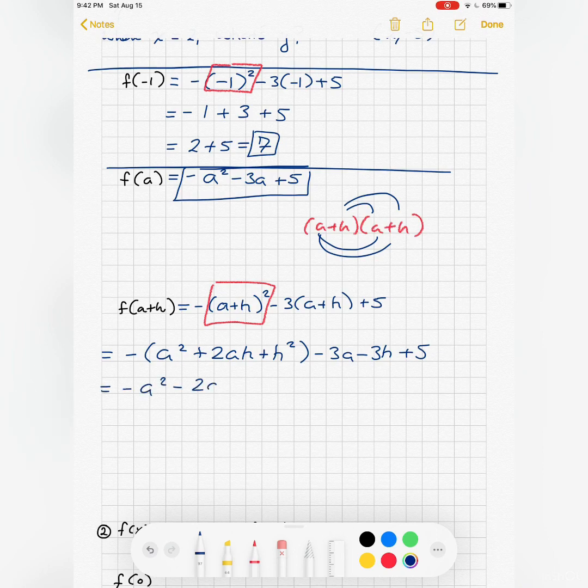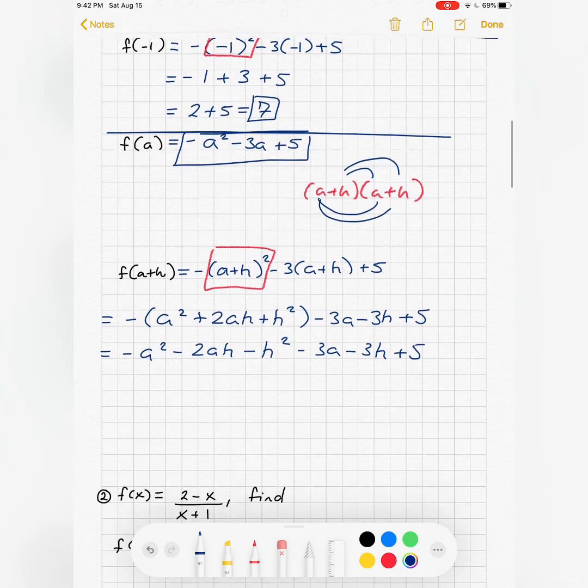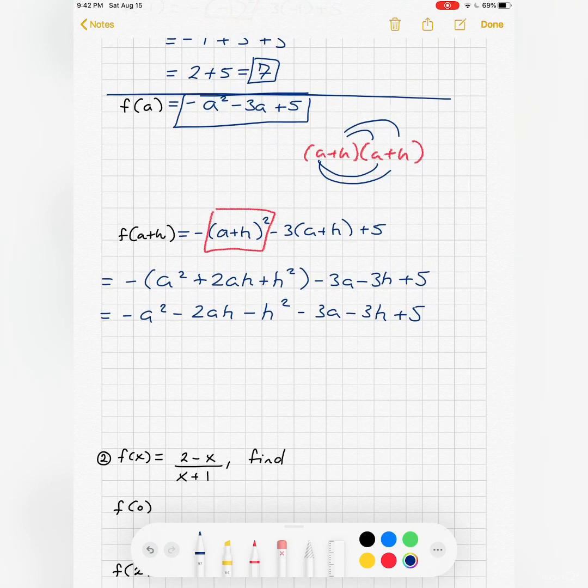Distribute the negative. And then I look for any like terms, which it doesn't look like there are any.